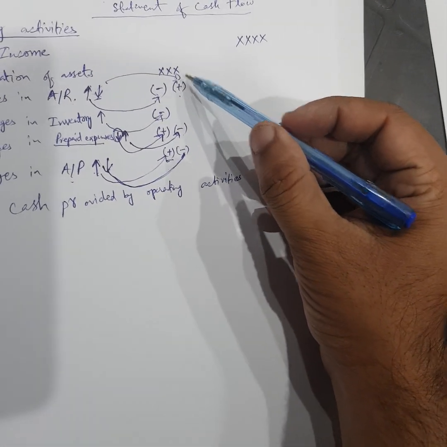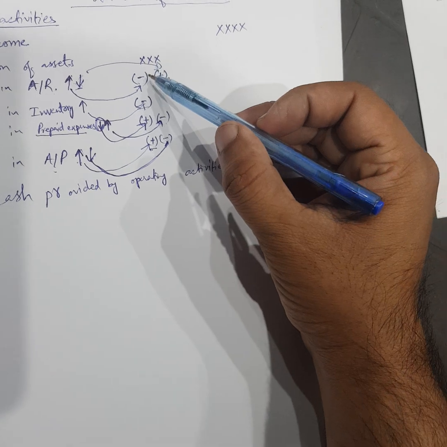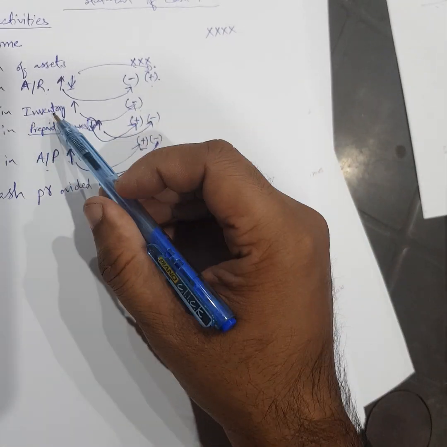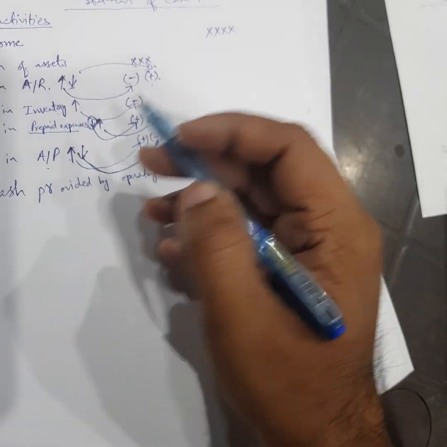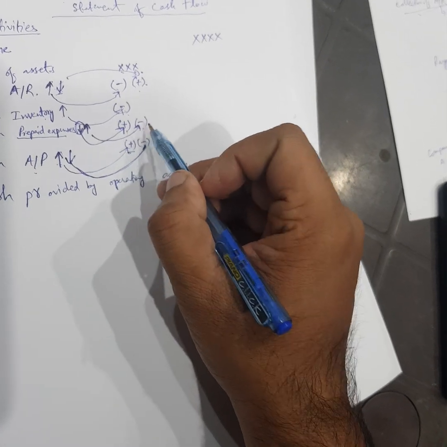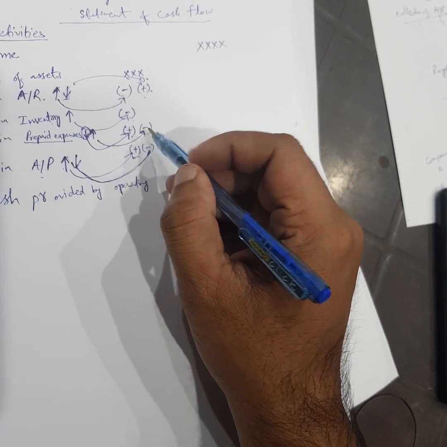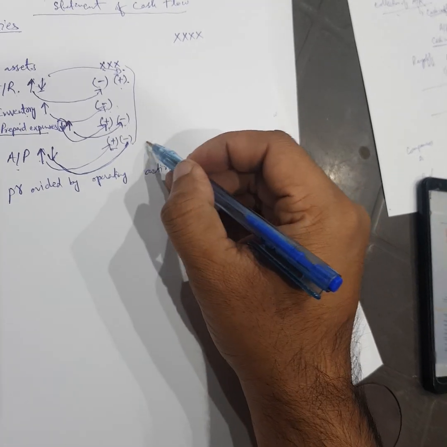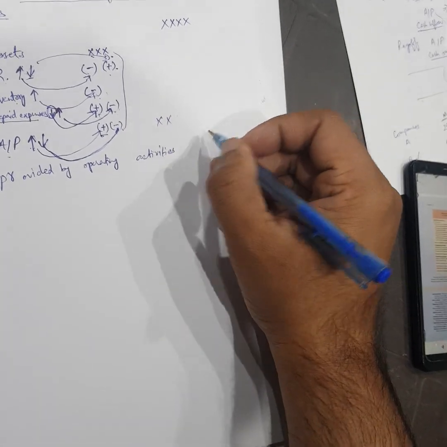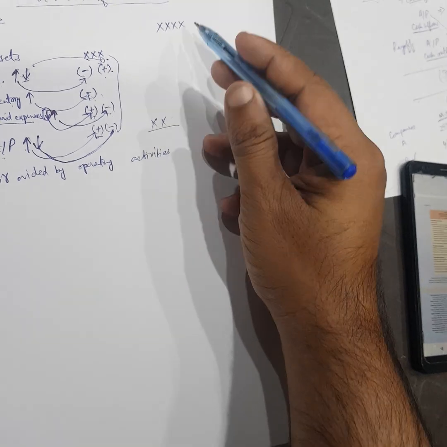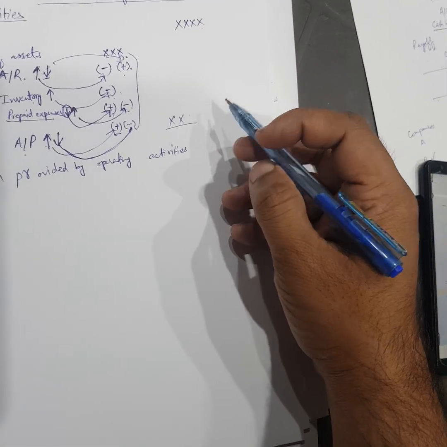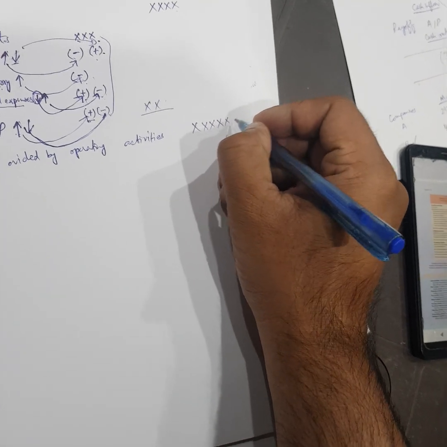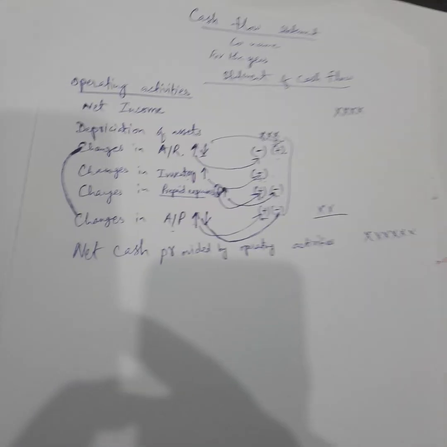By adding or subtracting cash from depreciation of assets, by subtracting the increase in inventory amount, by adding or subtracting the cash inflow or outflow from these amounts. After summing up these, we will be able to get some amount, and by adding net income and the operating activity sum, net cash provided by operating activities comes.